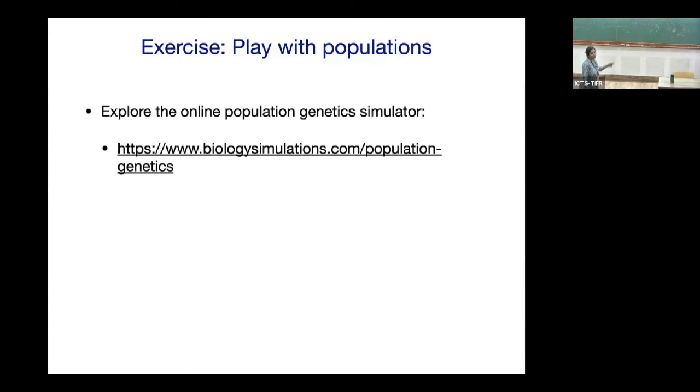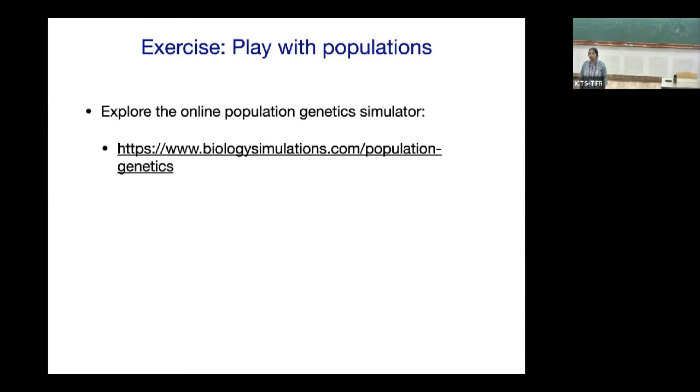All right, so I'd like you to go to this population genetics simulator on your laptops. The link is in Slack as well in my channel. What this simulator is, is a simple way to start gaining some intuition about what happens in populations. Okay, so you have red and blue genotypes and phenotypes in this, if I remember correctly. And you have alleles.